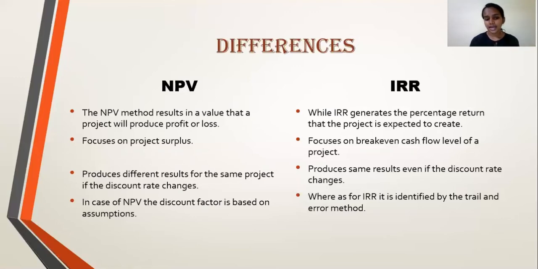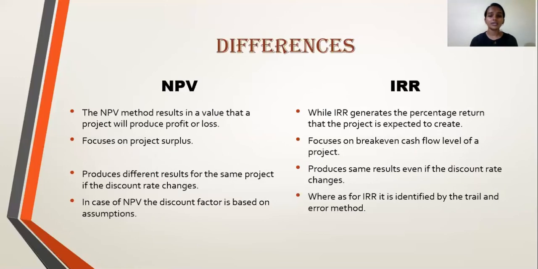As I said before, in NPV we assume. For 10%, you are getting a negative NPV, and for 5% we are getting a positive NPV. So what are we thinking? At 10% I'm getting a negative NPV, which means if I reduce my discount factor, I might get a positive NPV.